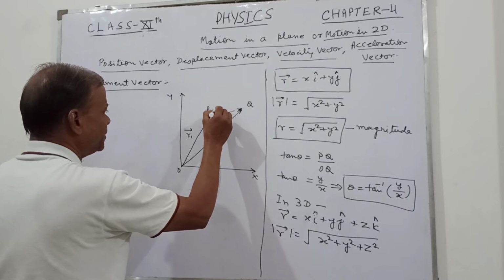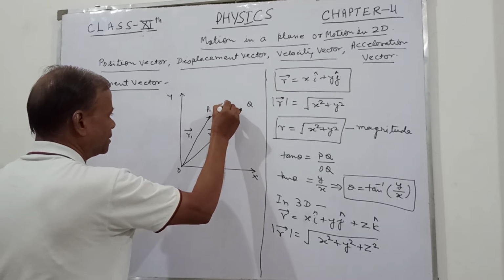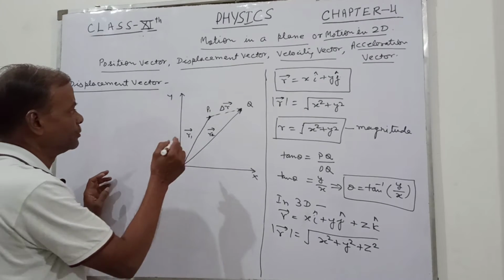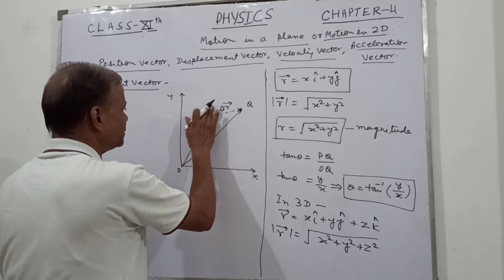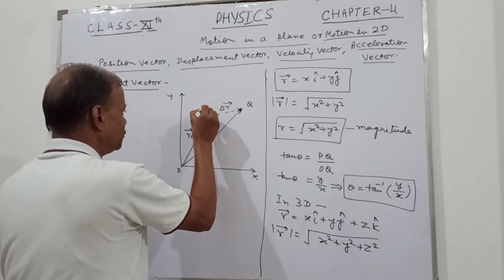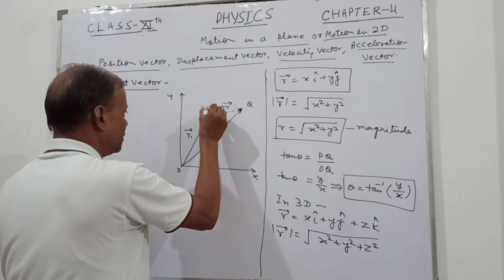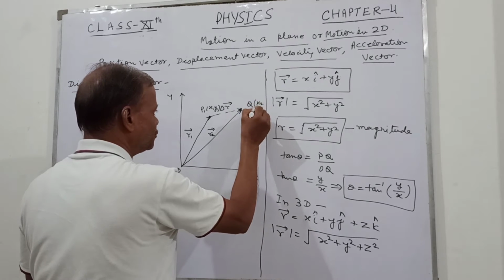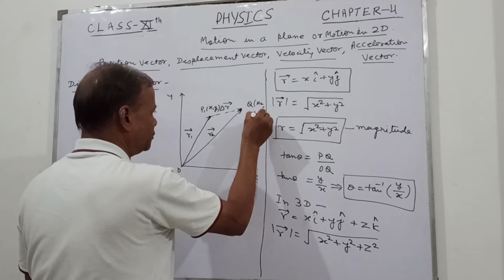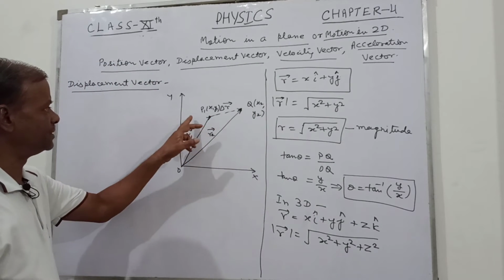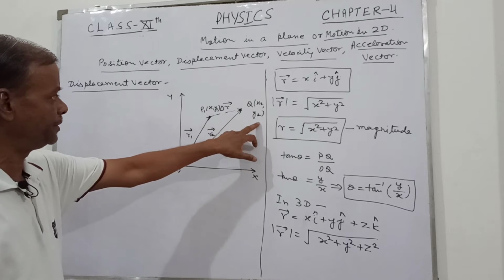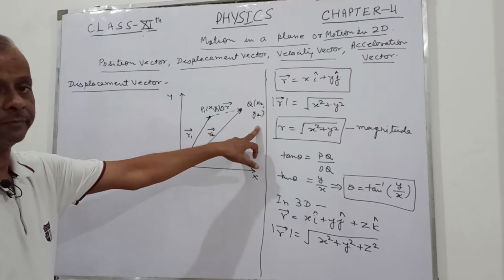This is now the displacement vector. Let the coordinates of the point P1 be x1, y1, and of Q be x2, y2.